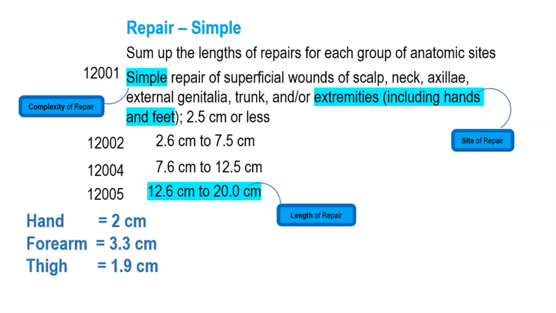All simple wounds of the same site grouping are reported together. The hand is 2 centimeters, the forearm is 3.3 centimeters, and the thigh is 1.9 centimeters, and are wounds of the same site grouping.